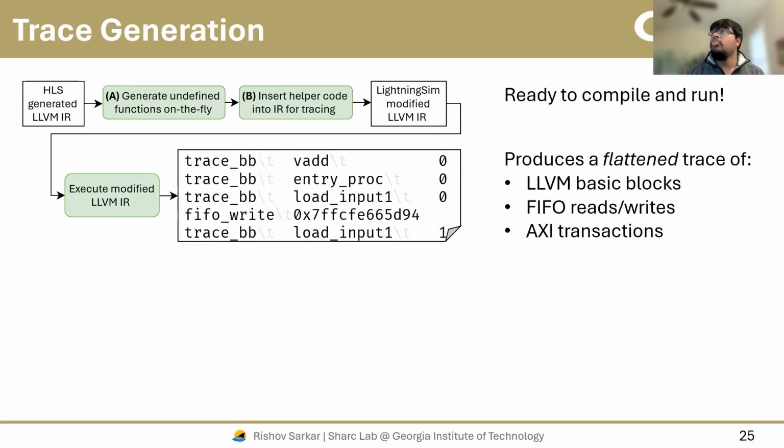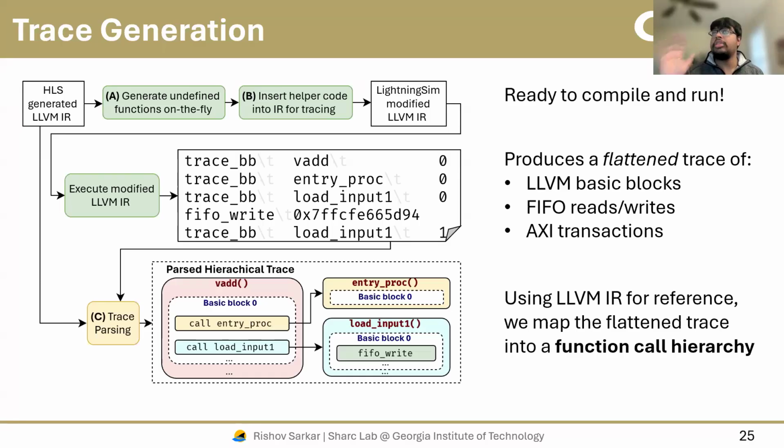Once we do, we get a flattened trace, basically all the print statements that I added, of LLVM basic blocks. As I just mentioned, each basic block is logged once every time it's executed. I also log auxiliary information about the FIFO reads and writes and external memory transactions, AXI transactions, because those will be needed to do an accurate simulation later.